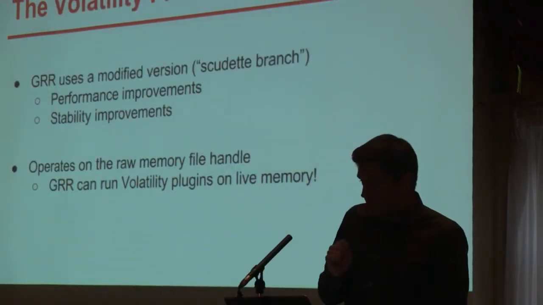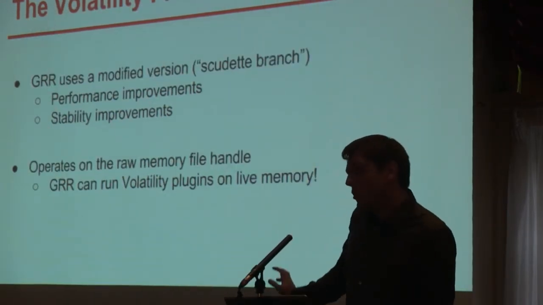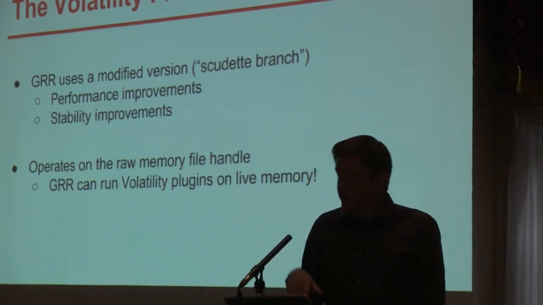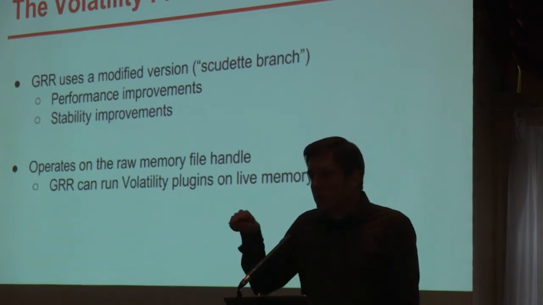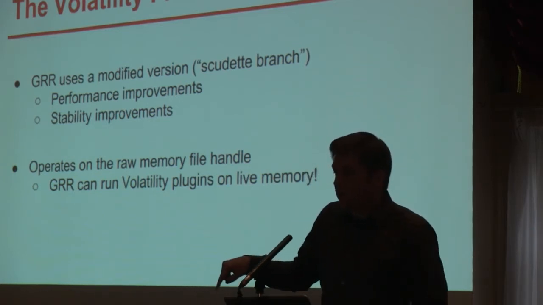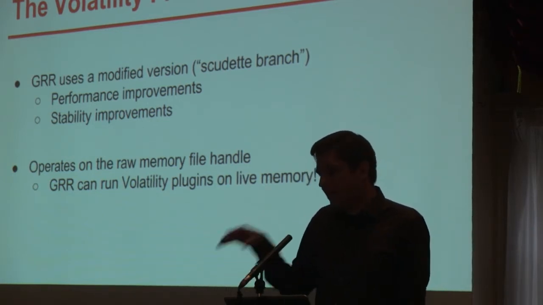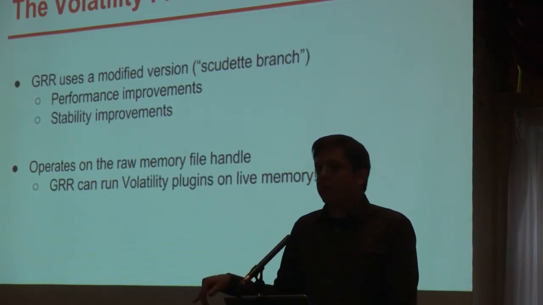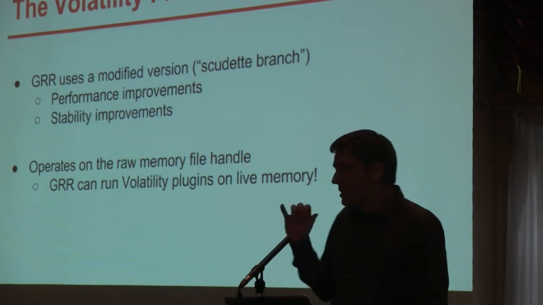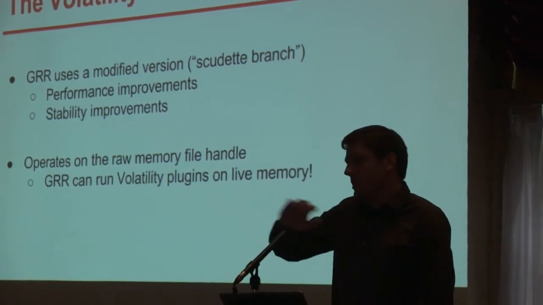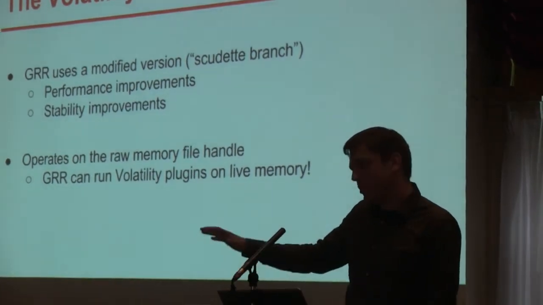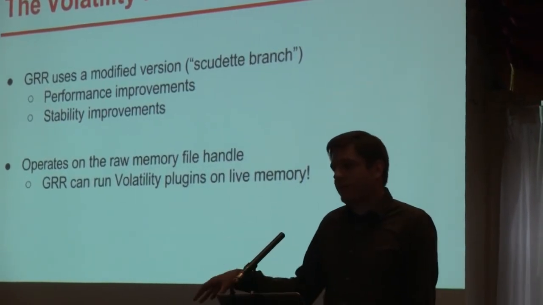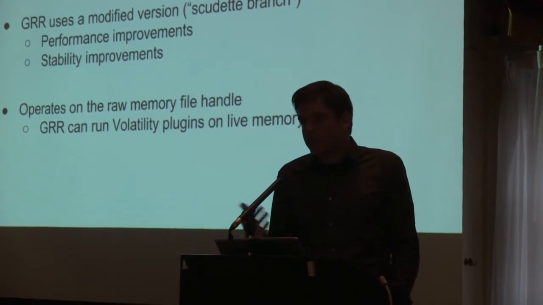Because what this allows us is, when we have our memory driver that gives you a file that points into the raw memory, we can just tell Volatility, this is your memory dump, and Volatility will open the live memory, thinking it's a memory image, and operate on that, right? So this is what we've done. We ship Volatility with the client off to the machine we want to analyze, and then we can run Volatility plugins directly live from memory. But here we need the stability improvements, right?